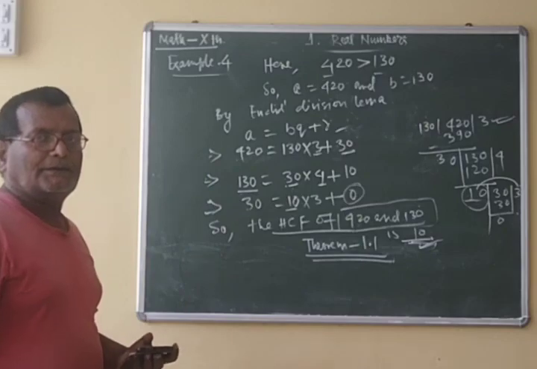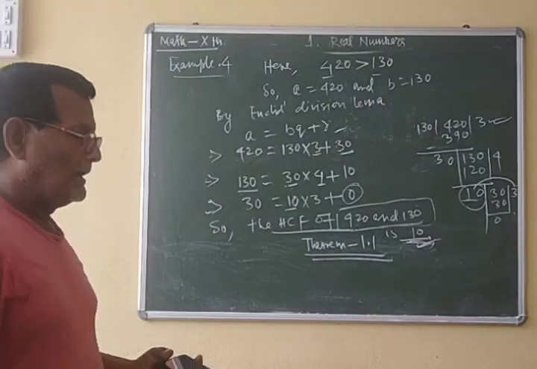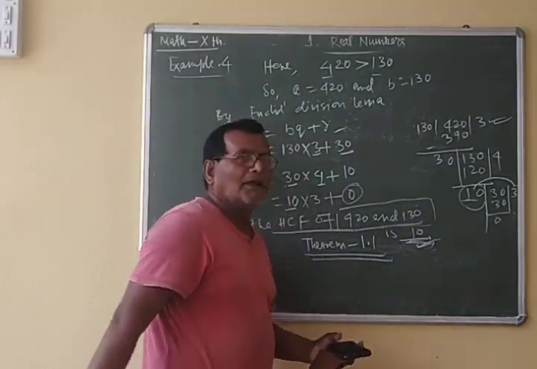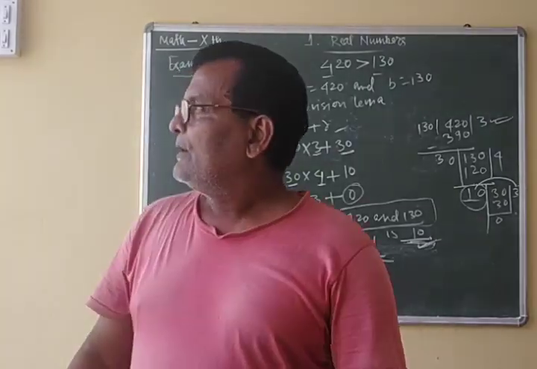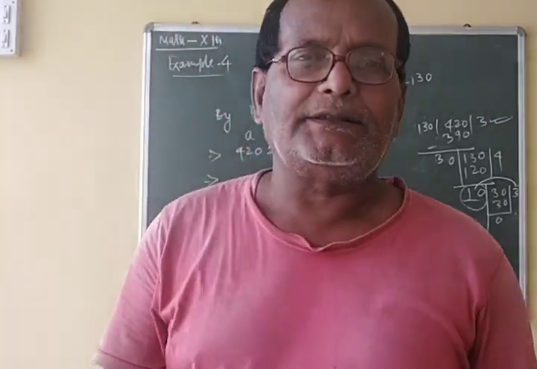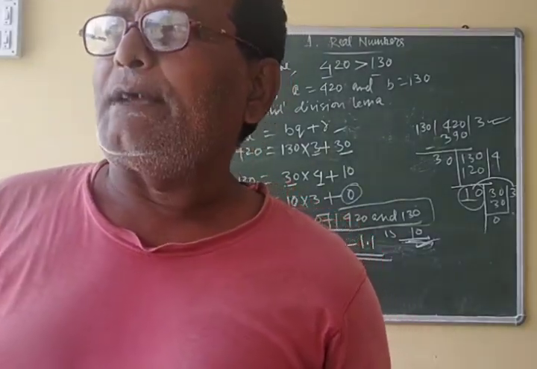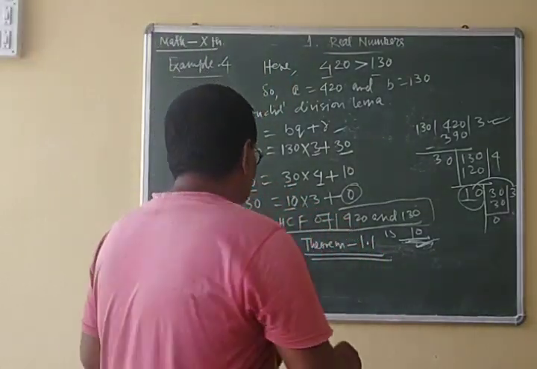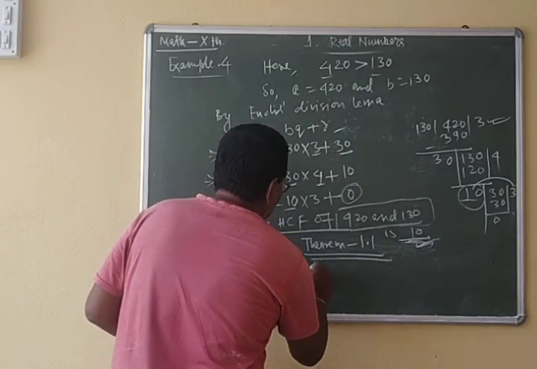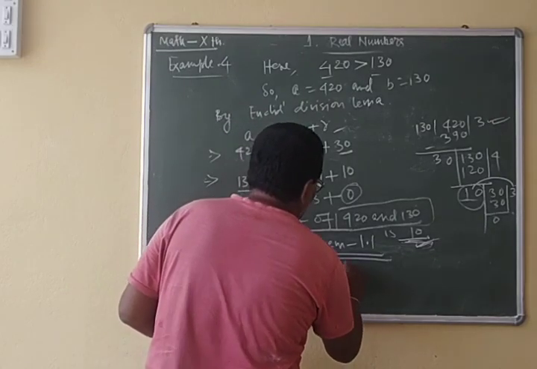The statement is for any two numbers a and b, there exist a number q and r such that A is equal to BQ plus R.